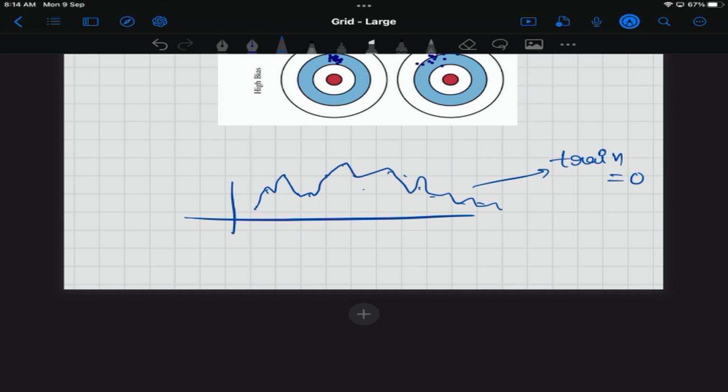And you are making your model more complex. So as you make your model more complex, you will fit the training data so well, and you will over specialize on the training data. So that makes your training error 0, right? Training error 0 means that bias will become 0 or bias will tend to a lower value.